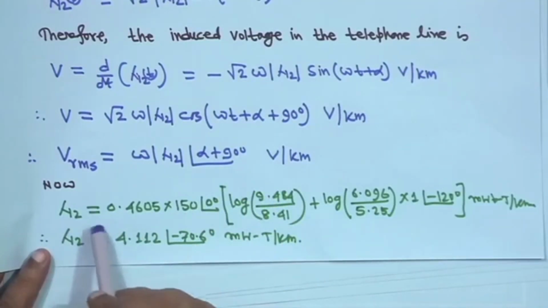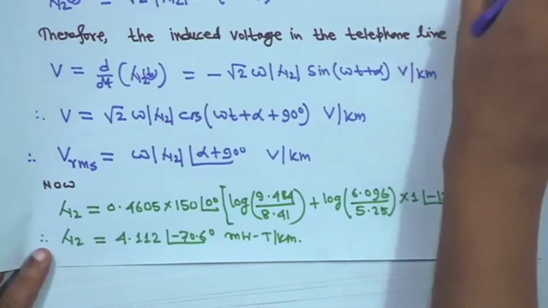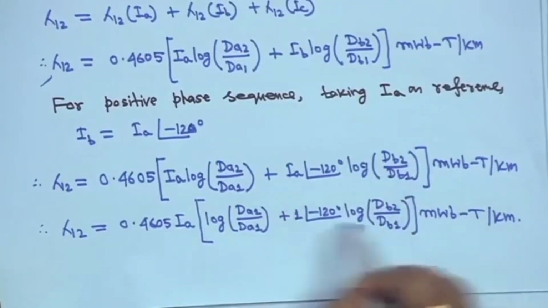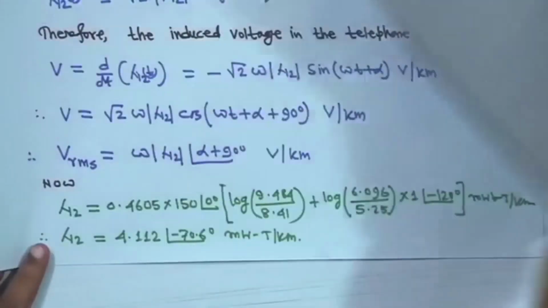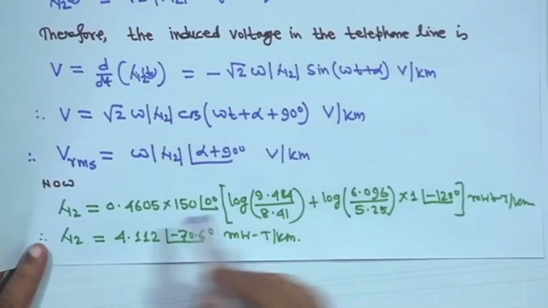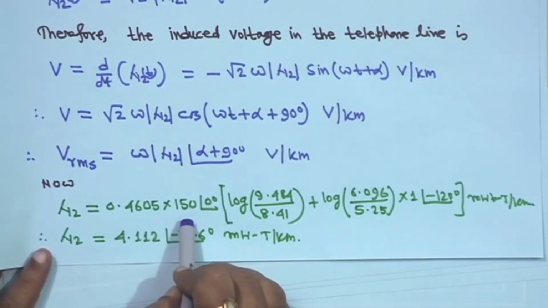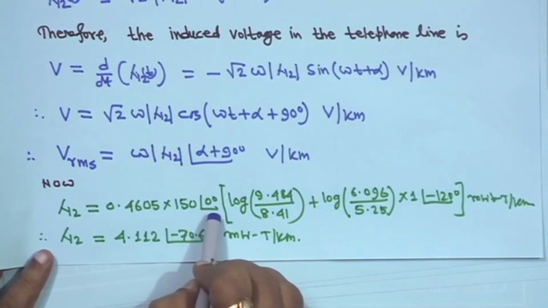Now, lambda 1 2 you substitute in this expression, with dA2, dA1 and dB2, dB1 all substituted. If you do so, then it is 0.4605 into IA. The IA magnitude of the current is given as 150 ampere, and we have taken IA as the base, the reference. So it is 150 angle 0 degree, you write this way into log.